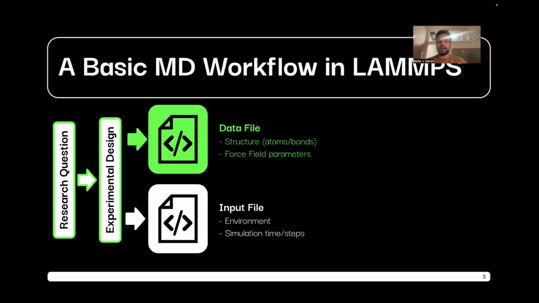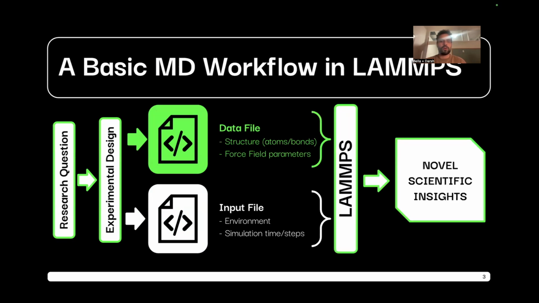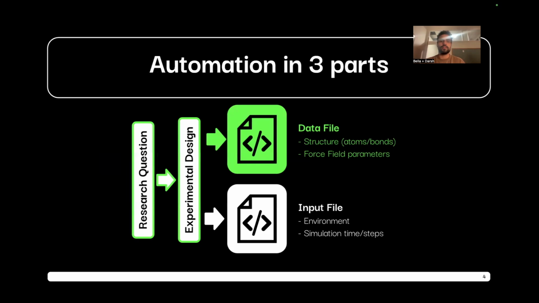And secondly, the input file, which describes the environment that the atoms are in, and also the simulation specifics, such as the time it's going to take and what the time steps of the simulation are. All in all, you can take those input files, plug them into software like LAMMPS, and the output provides you with some new scientific insights.